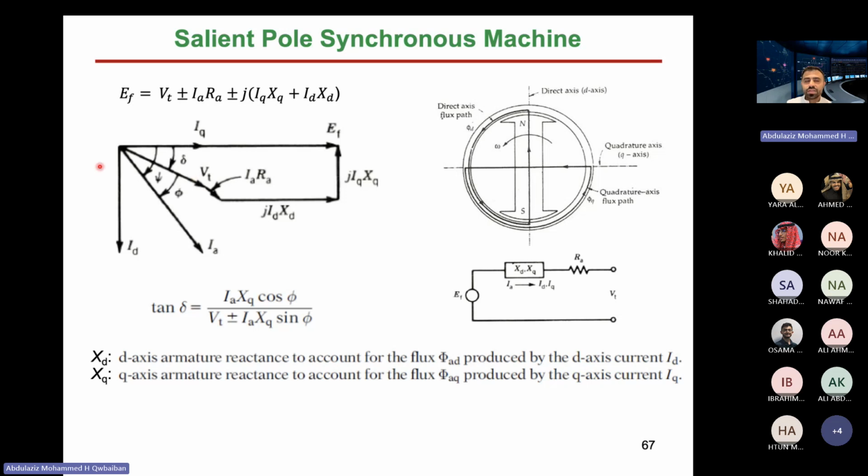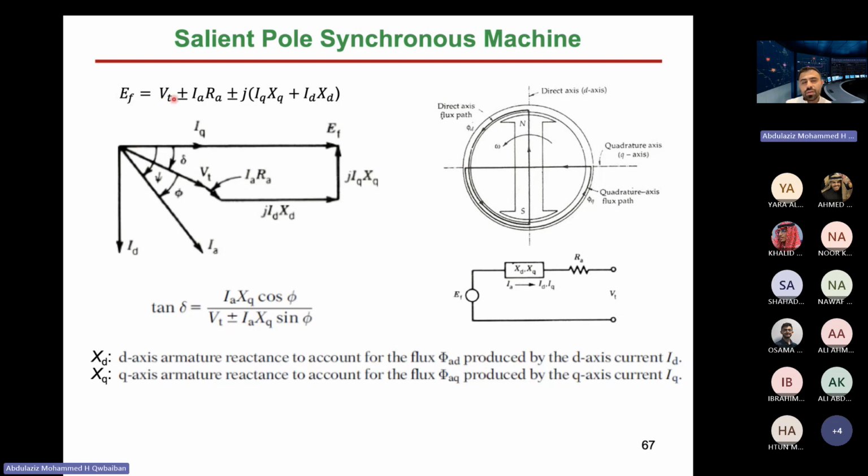And because this is 90 degrees across EF, IQ will be in phase with EF. It's similar to Faraday's law, the one that has change of flux with respect to time. The induced voltage would be the change of flux, d psi dt. And with this would have a 90-degree phase shift.